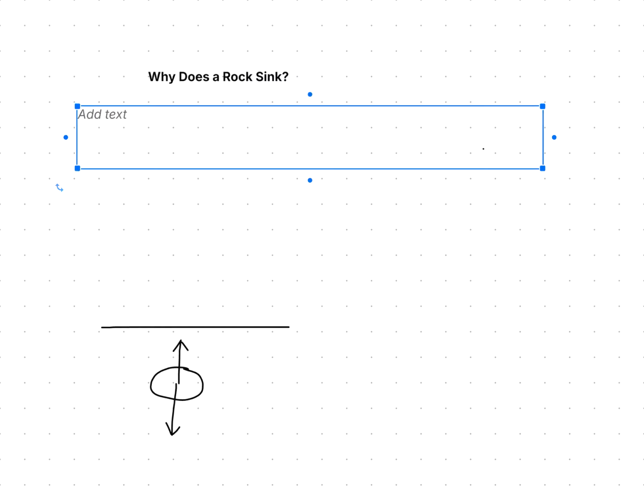Let's draw the forces acting on the rock midway under a swimming pool. There are two forces acting on the rock.